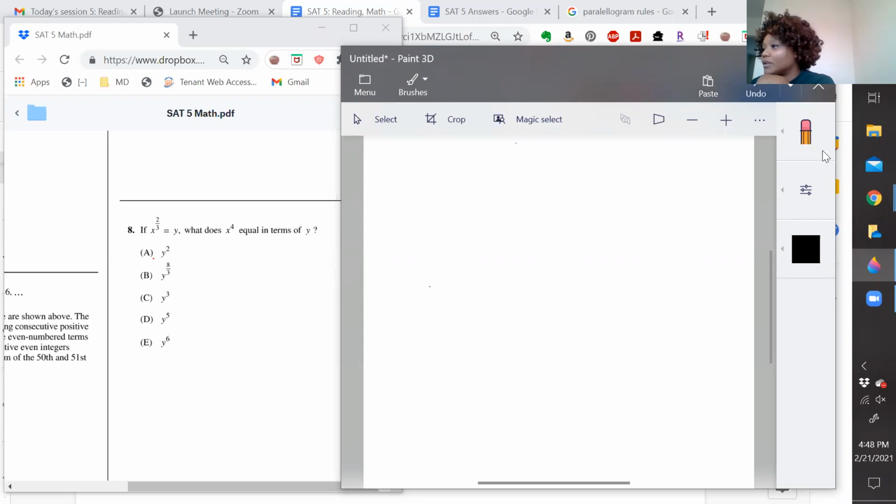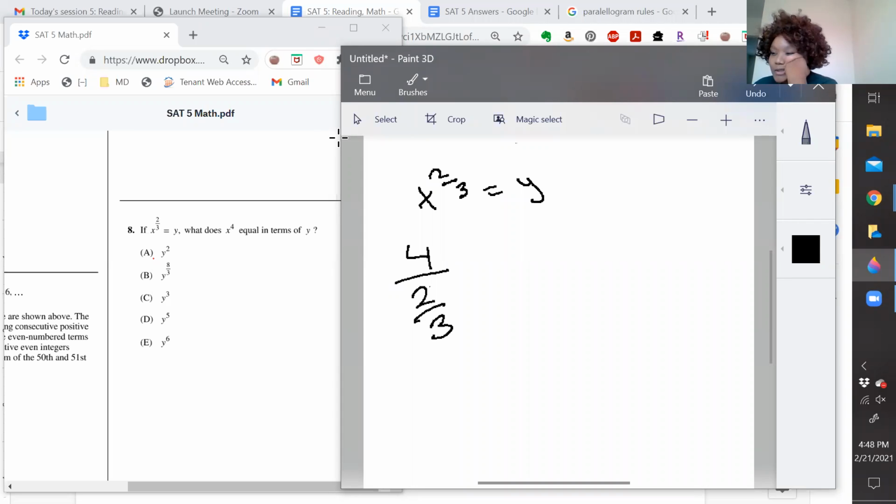So for every x to the 2 over 3, you get 1 y, or y to the 1st, basically. So if you have 4, and then that basically is what DM had initially said, but you could look at it differently. You did it differently. Okay.